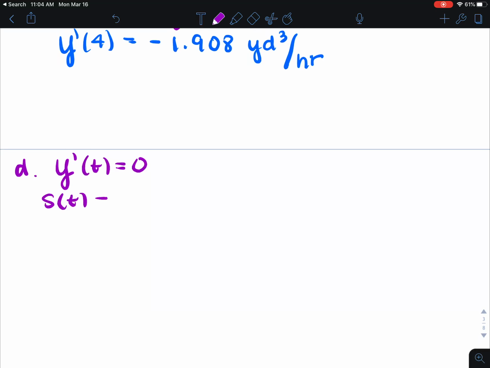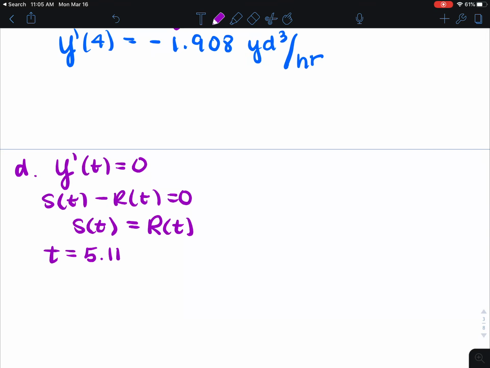That means s of t minus r of t equals 0. We need to figure out on our calculators where s of t equals r of t, and that's going to happen at t equals 5.117865. We want to write all these digits out because we want our final answer to be pretty accurate. We can truncate or round in the final step, but when we're plugging it back in, we need to double check.